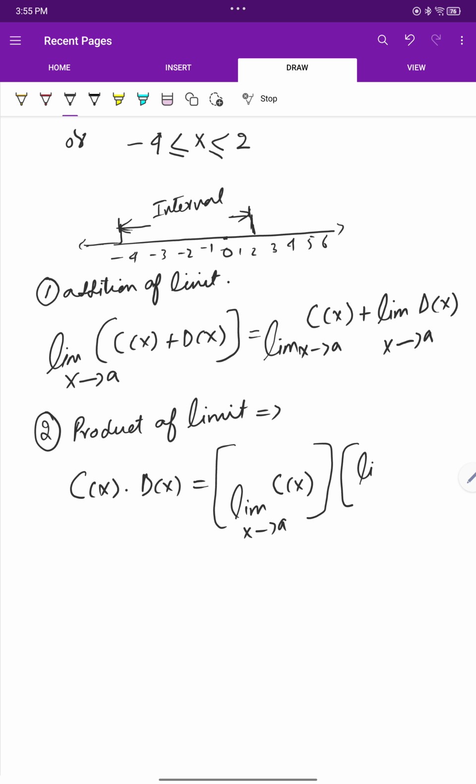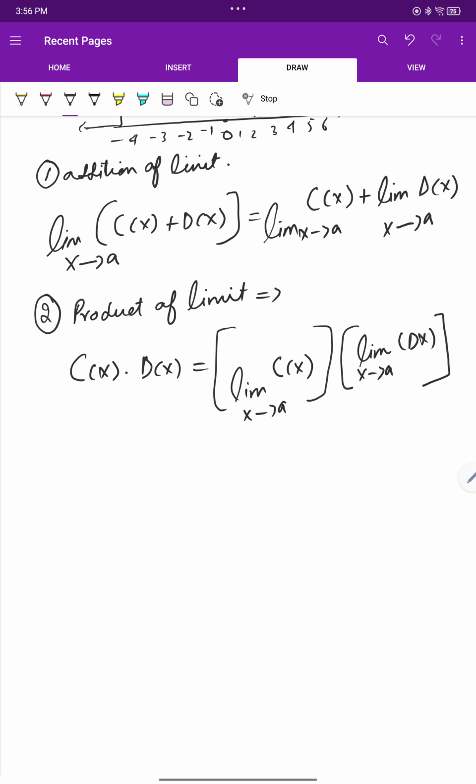Then limit x tends to a of d(x). So this is the multiplication, or the product of limits.